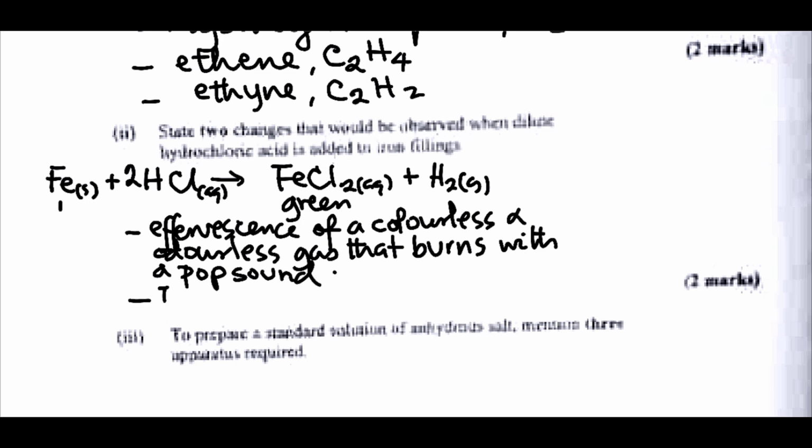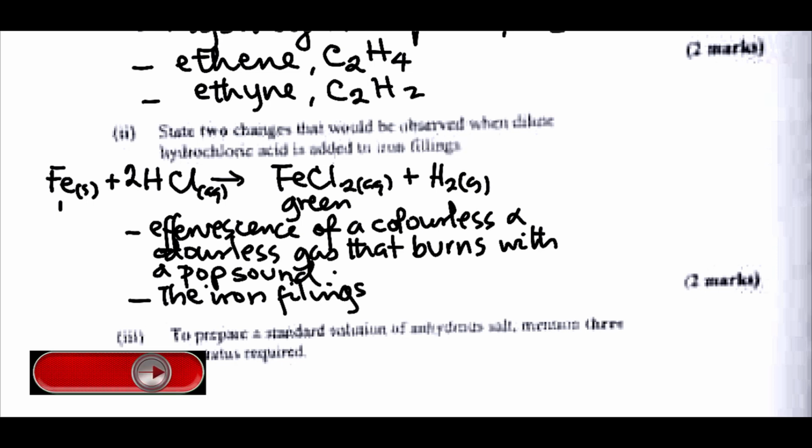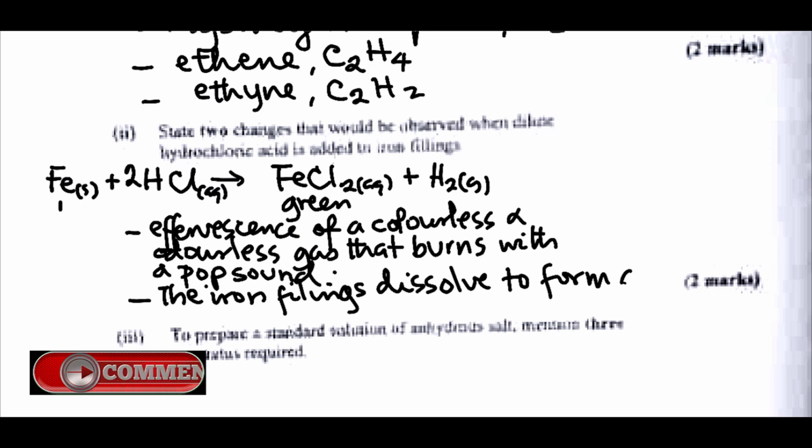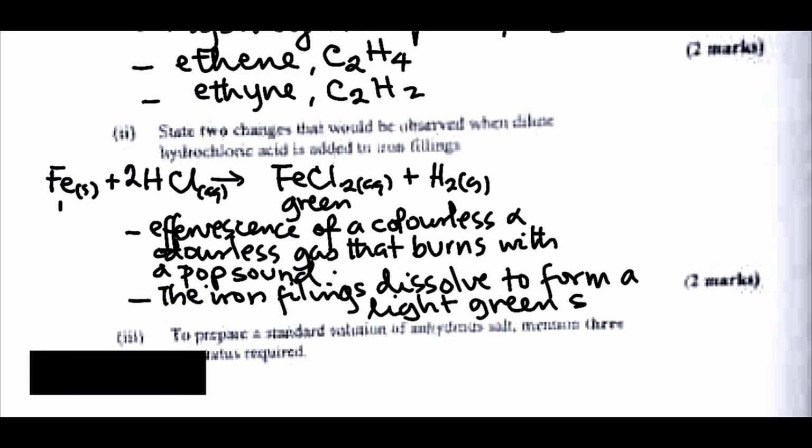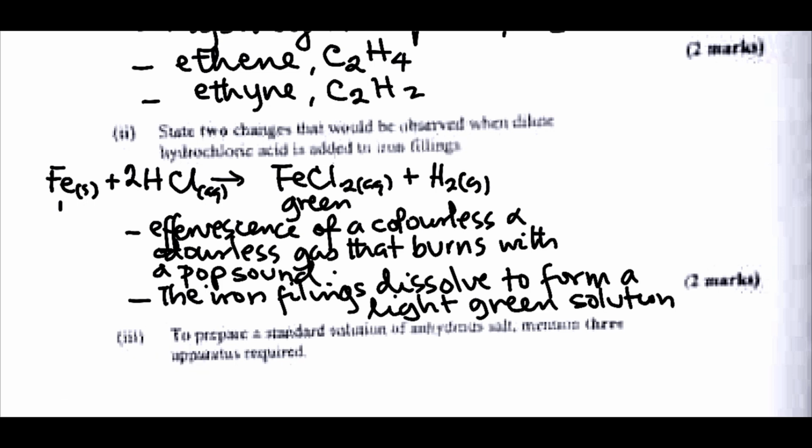Then 2, the iron dissolves, the iron filings dissolve to form a light green solution. That's due to the presence of the iron(II) ions in the iron(II) chloride solution. So those are the 2 changes in those 2 points, right?